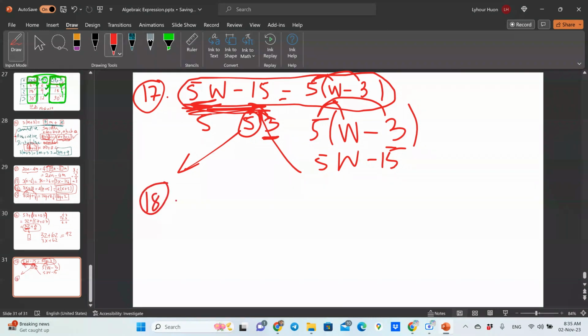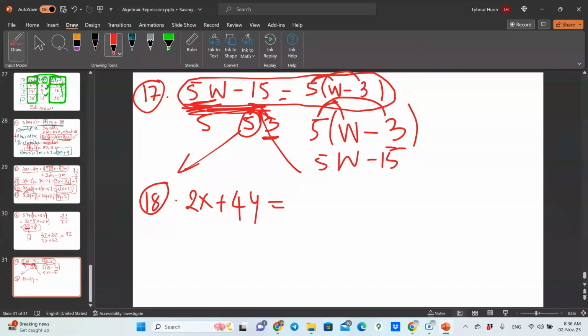Number 18, we have 2x plus 4y. So what should we write to have an equivalent expression?